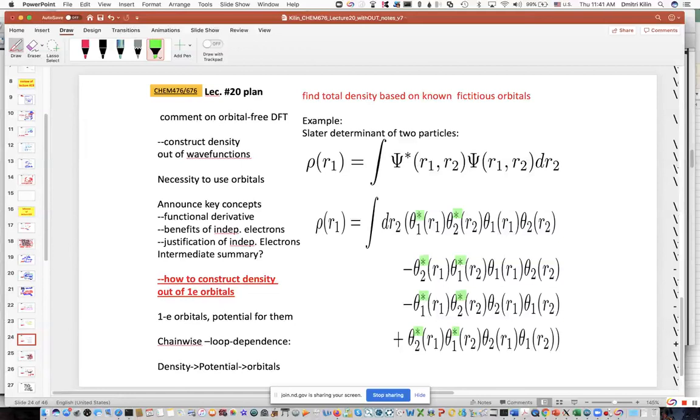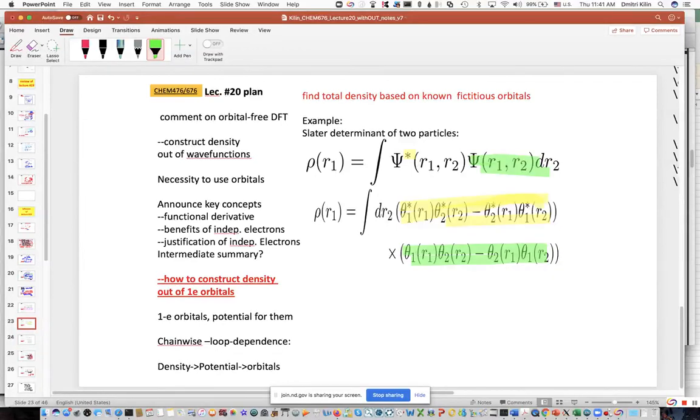So I'm going to copy and paste the previous equation here, otherwise we will lose track.